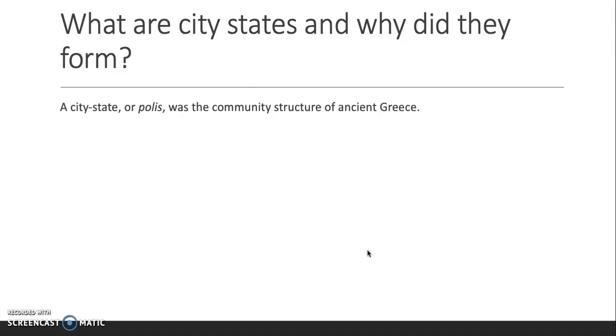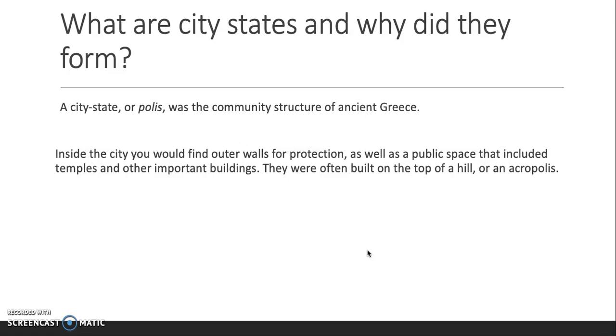A city-state, or a polis, is a community structure of ancient Greece. Inside the city, you would find outer walls for protection, which is quite common for that particular time, often made of stone or wood, as well as a public space that included temples, such as for worshipping the Greek gods, which we'll come to in a later art lesson in the coming weeks.